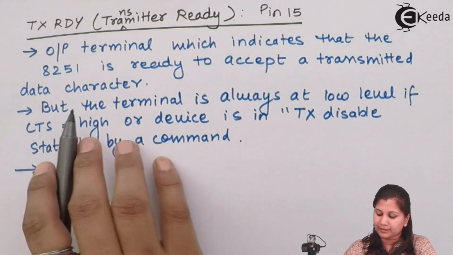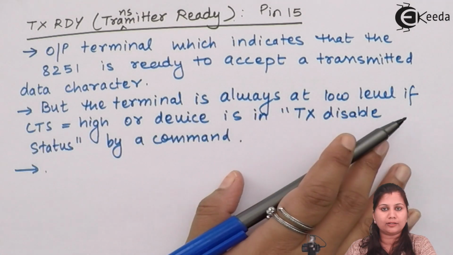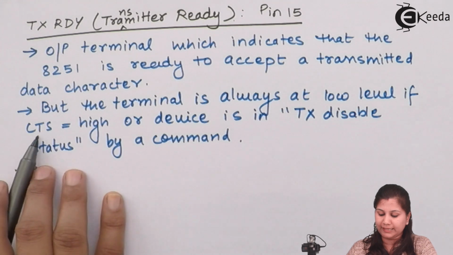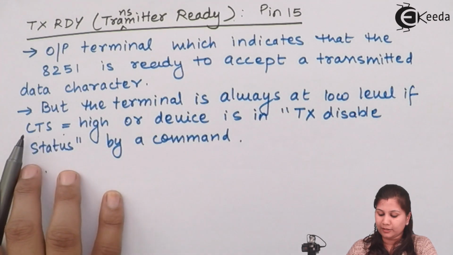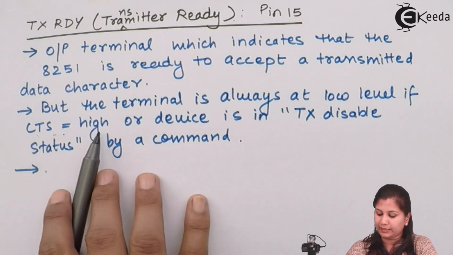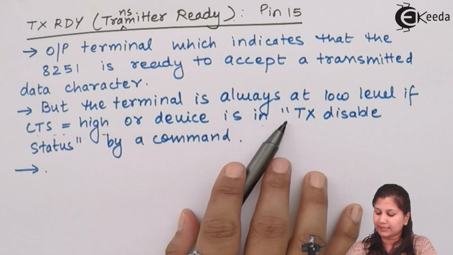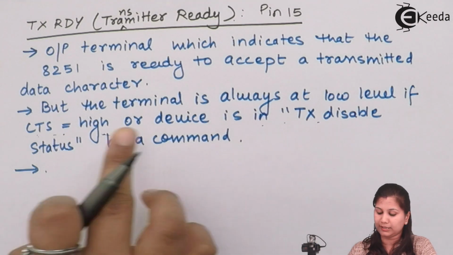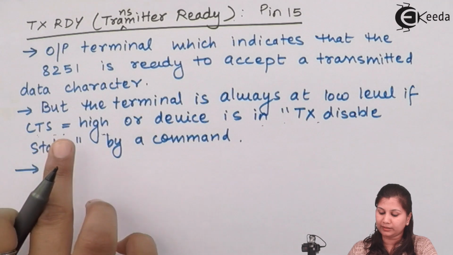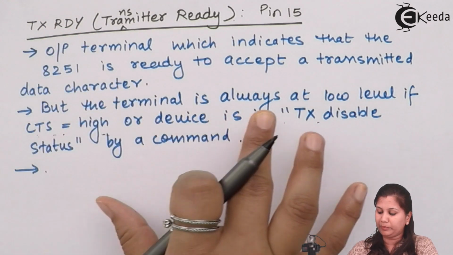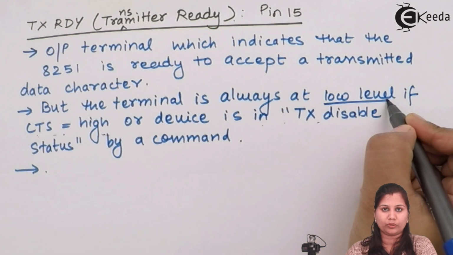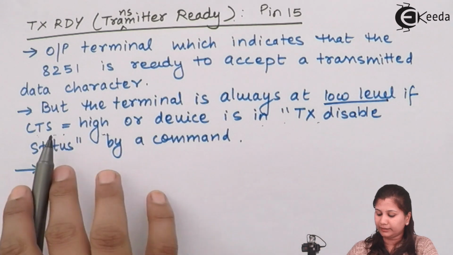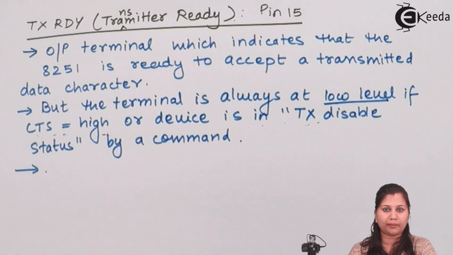But this terminal is always at low level if the CTS pin, that is the clear to send pin, is high, or the device is in TX disabled status, meaning that transmission of the data has been disabled. Then TX ready will be at the low level. This can be done by using a command word.